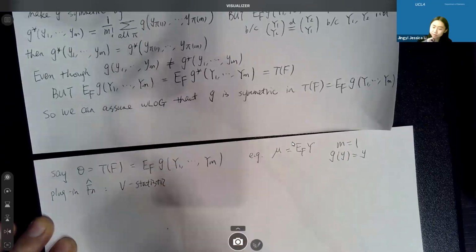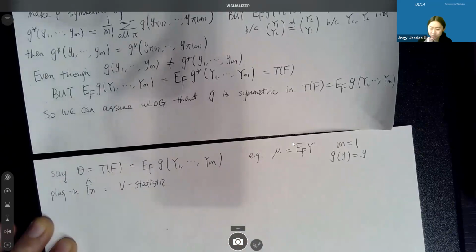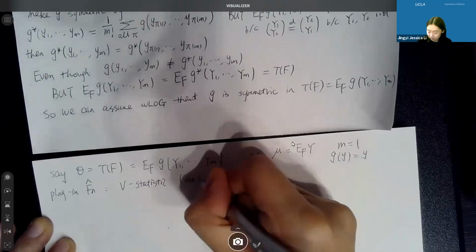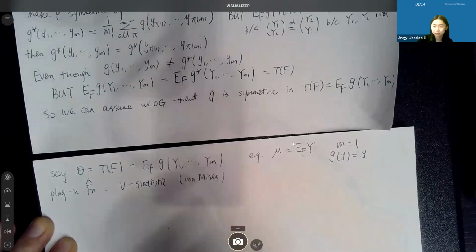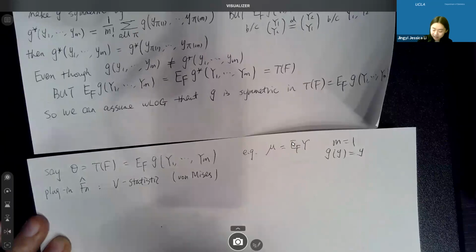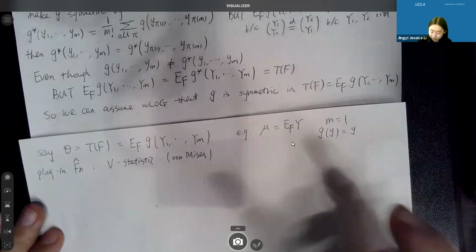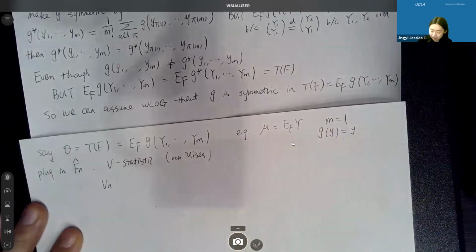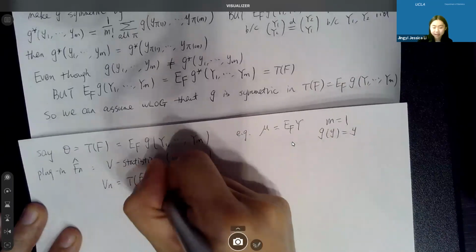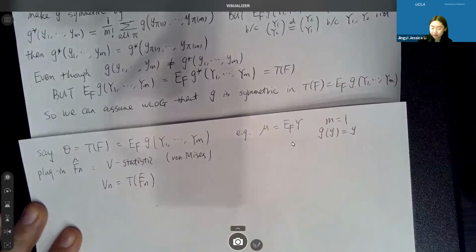And this V comes from a statistician who was one of the founders of the discipline, von Mises, so that's why we have this V coming from his last name. The V statistic is exactly here, denoted by Vm, and it is exactly the expectation functional evaluated at the empirical CDF.